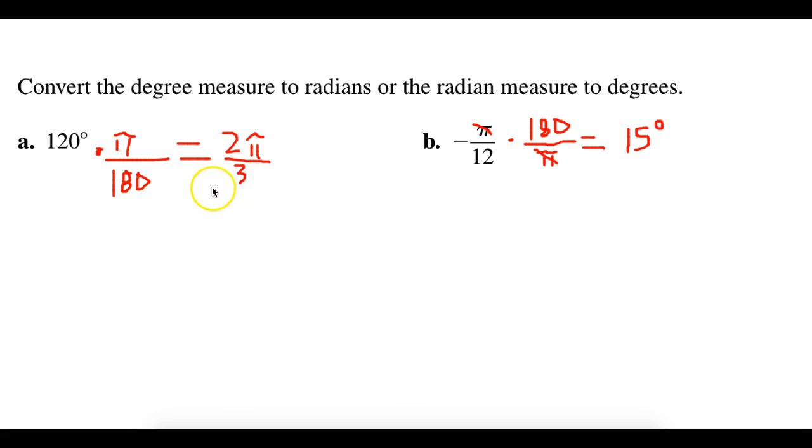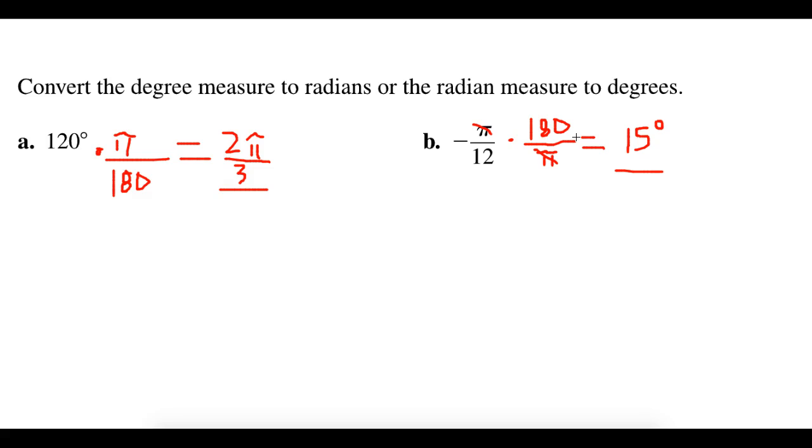And that's as simple as it is to go from degrees to radians and radians to degrees. All you have to remember is you're multiplying by either pi over 180 or 180 over pi, and when you do so, it cancels out. The degrees cancel out and we're left with radians. In this case, the pi's cancel out and we're left with degrees.